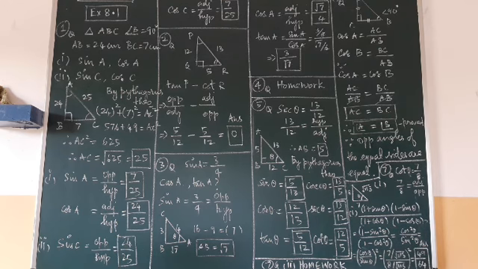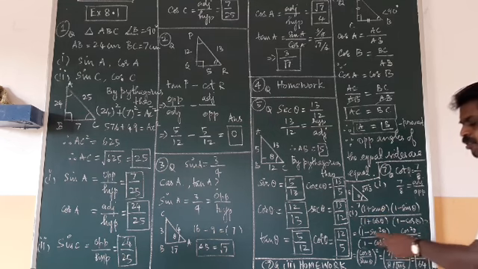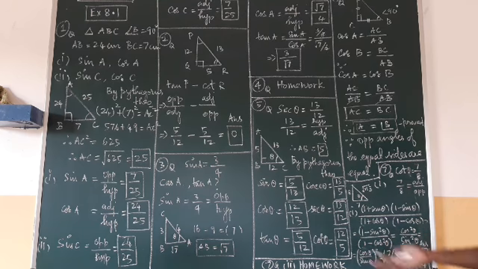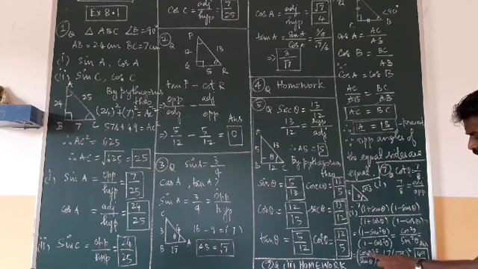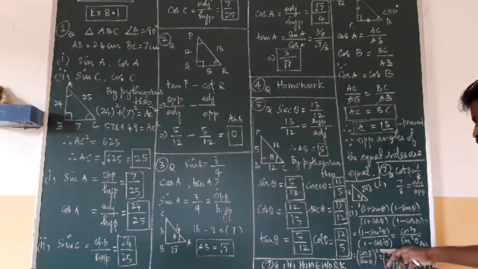From the identity, 1 minus sin square theta equals cos square theta, because cos square plus sin square equals 1; if you take sin square to the other side, it becomes minus. And 1 minus cos square theta equals sin square theta. Then, since both have squares, we can write it as (cos theta upon sin theta) whole square.